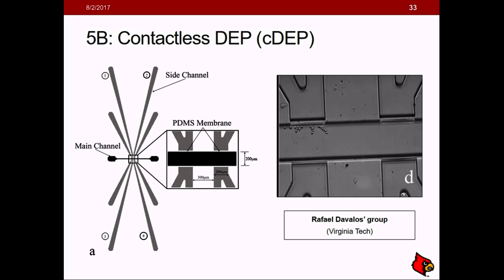Another technique to make a three-dimensional distribution of your electric field is called contactless dielectrophoresis. So you have your microchannel, which is illustrated in black, and you have these other channels that are filled with liquid, which we will call liquid electrodes.